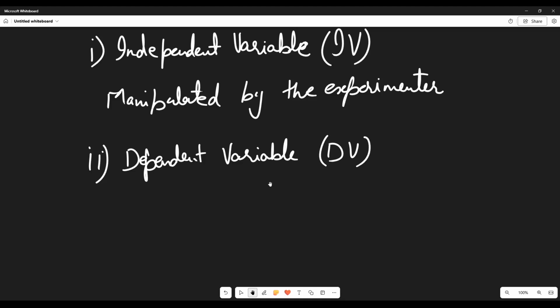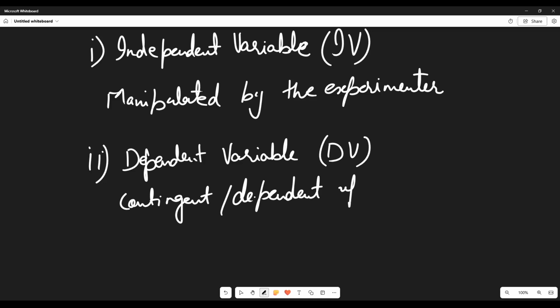These variables are contingent or dependent upon IVs and caused by them. For example, illness is caused by unhygienic food, so illness is the dependent variable or DV. Skin burn is a result of sun exposure, so it is a DV in our hypotheses that we have mentioned previously.